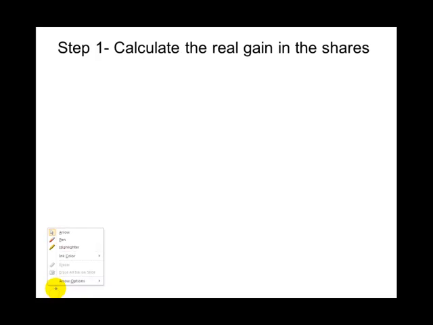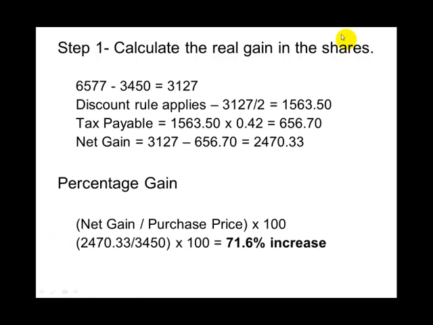First step is that we need to calculate the real gain in the shares. So the real gain in the shares comes from the 6,577 take away 3,420, so we actually make $3,127 in capital gains.